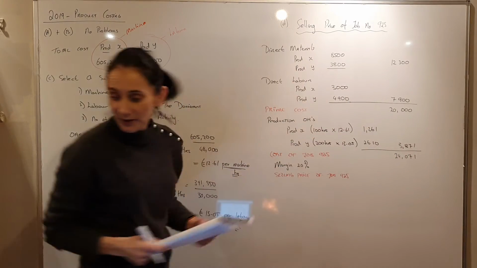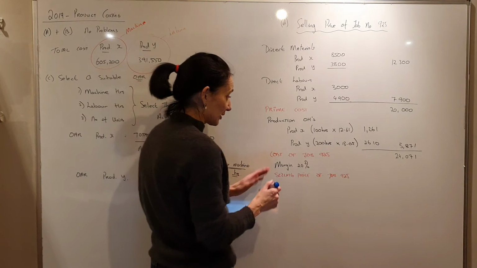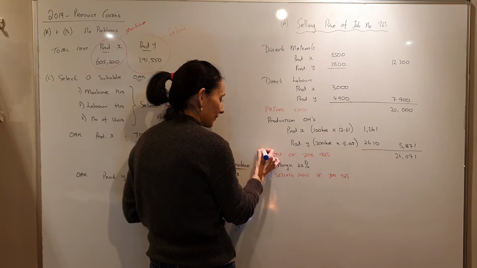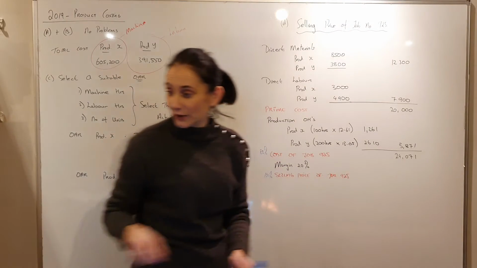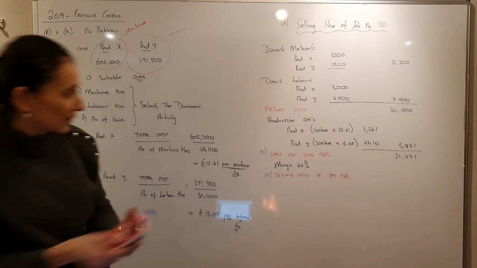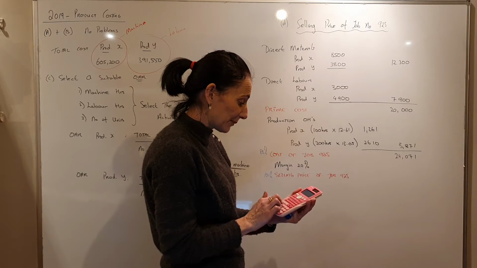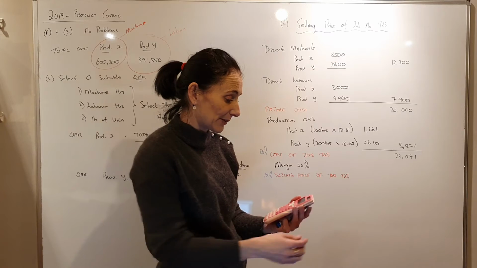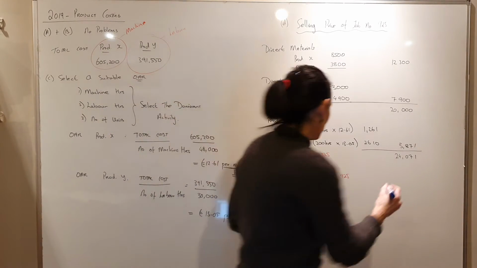Now, this is the next part that you need to be a little bit careful of. They tell you that the margin is 20%. If the margin is 20%, that means that this figure is 100% and the cost figure is 80%. So if the cost is 80% and you're looking for 20, you take 24,071, divide by 80, and multiply by 20, and you get 6,017.75.